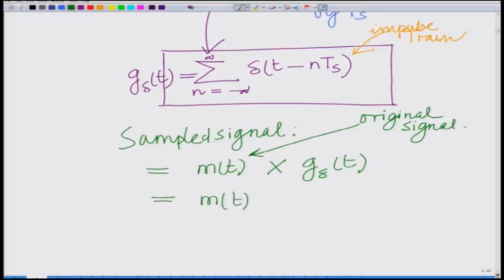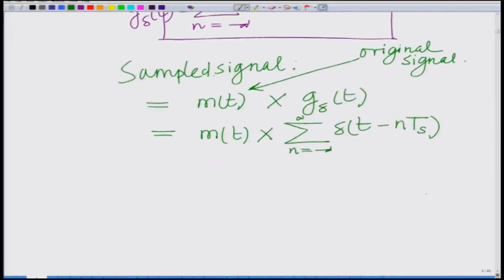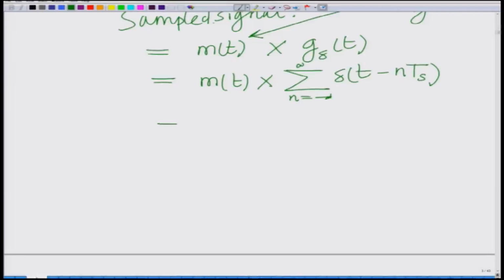This is m t times summation n equal to minus infinity to infinity delta t minus n Ts, which is equal to summation n equal to minus infinity to infinity m t delta t minus n Ts.